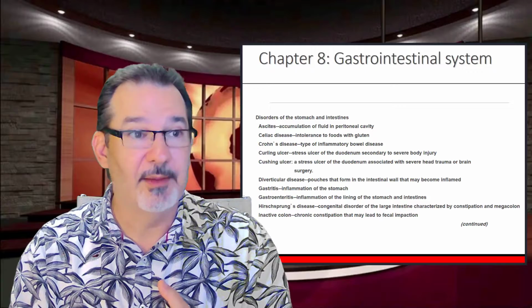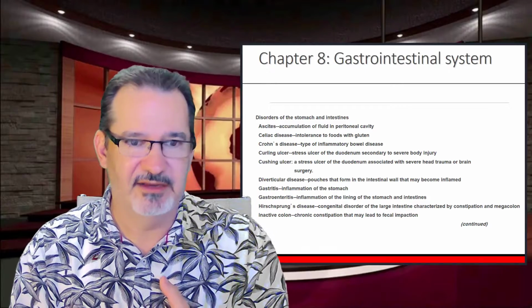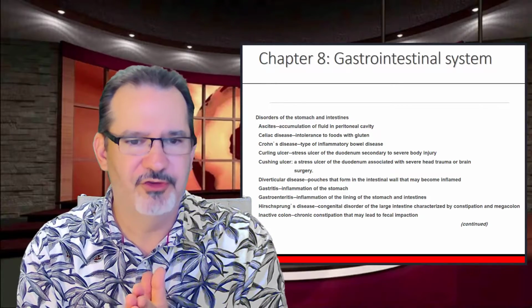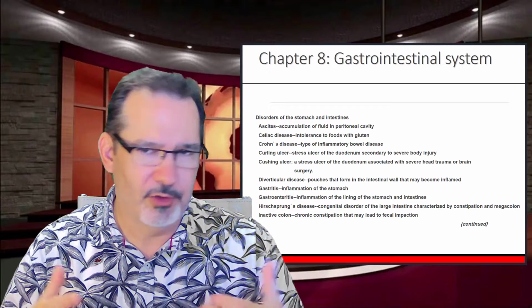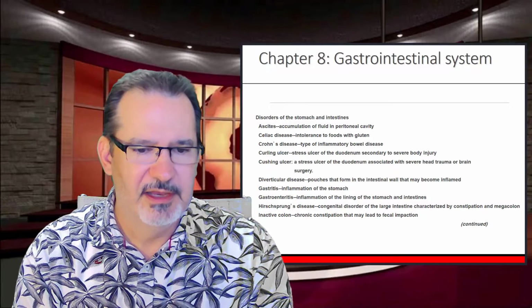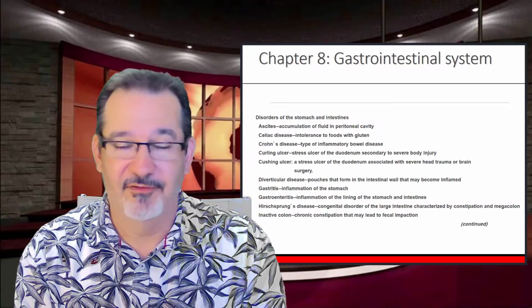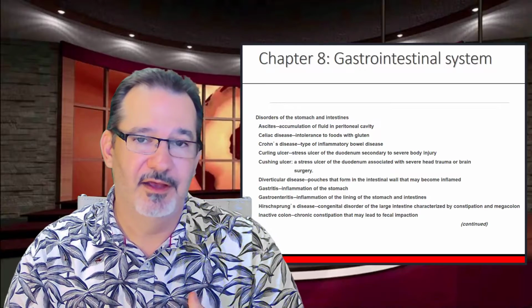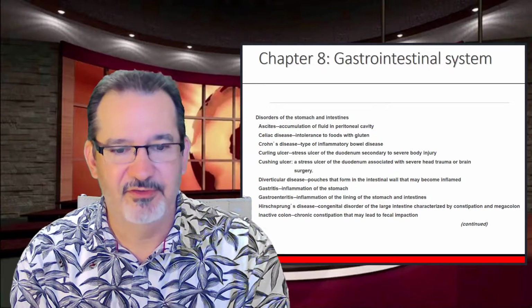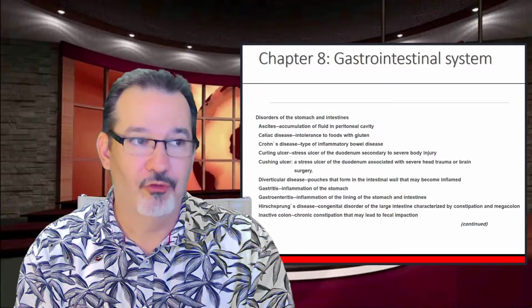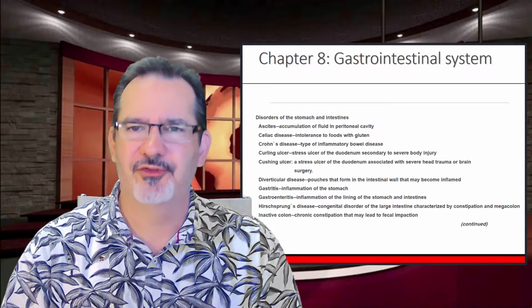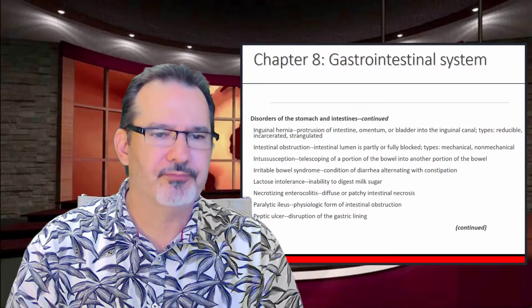Gluten hypersensitivities and celiac disease. Crohn's disease is a chronic inflammatory bowel disease. Gastroenteritis, inflammation of the stomach and the intestines, can create chronic pain or acute bouts of stomach pain.